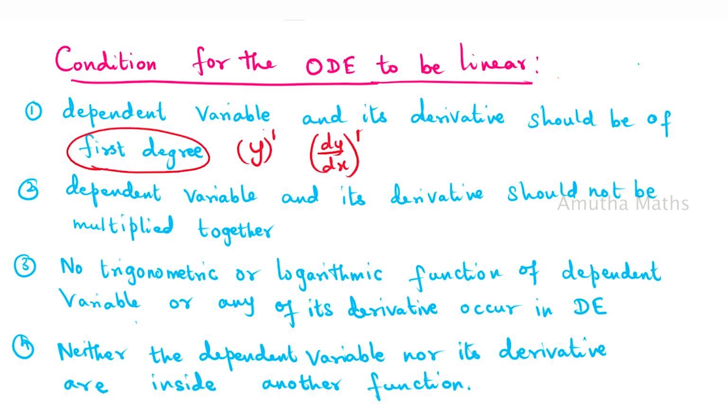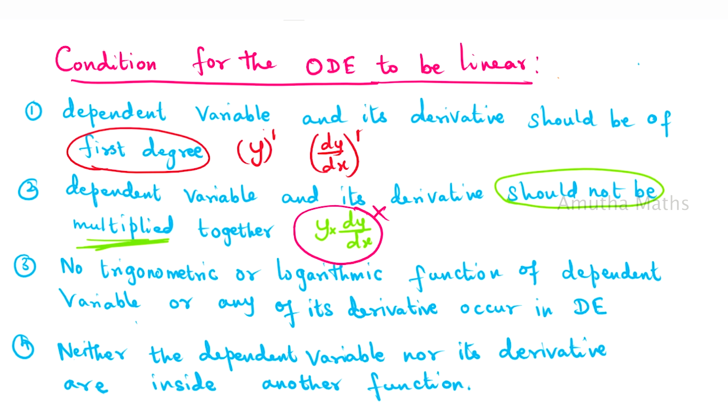And the second condition is that the dependent variable and its derivative should not be multiplied together. That is, y and dy by dx should not be multiplied together. So this is not allowed.